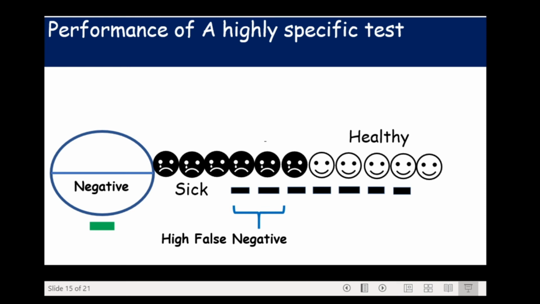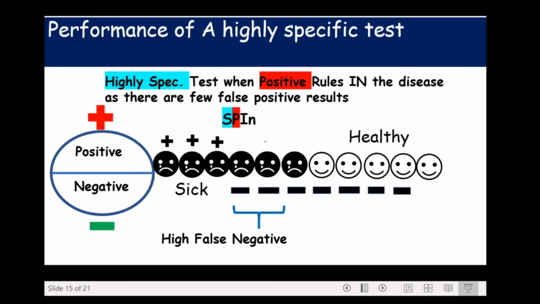But a highly specific test gives very few false positive results, hence it is used as a confirmatory test in ruling in the disease. A highly specific test means that there are few false positive results. Therefore, high specificity tests perform well for diagnosis because of the low false positive errors.